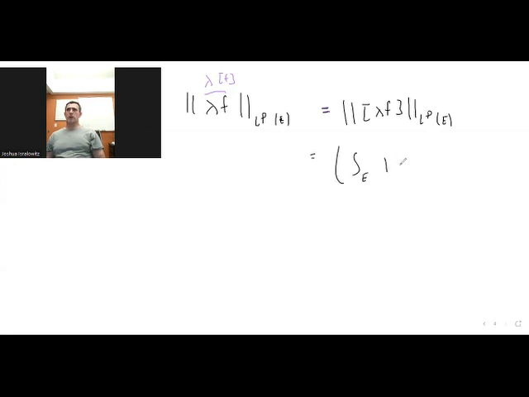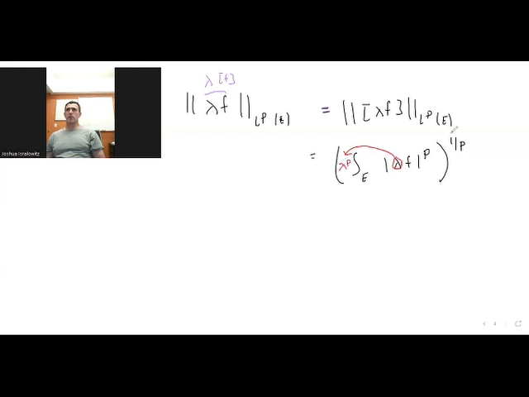this kind of explains why we need the 1 over p. We also need it for the triangle inequality. Absolutely, just to get homogeneity, we need the 1 over p. So here I can pull it out of the integral. So this gives me lambda to the p.